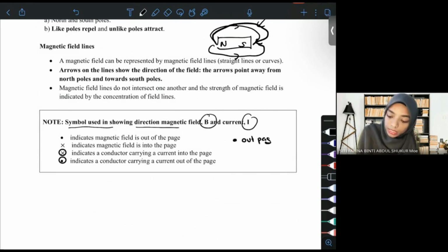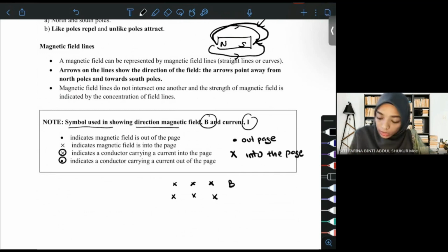Dot represent out of the page, cross represent into the page. Maksudnya, kalau dia letak banyak-banyak cross begini, dia kata we have uniform magnetic field. So this magnetic field is pointing in the direction iaitu into the page. Okay, B dia into the page.